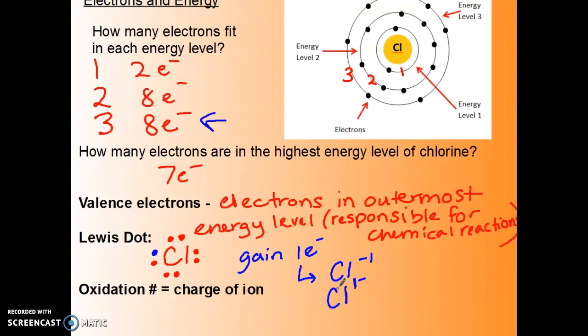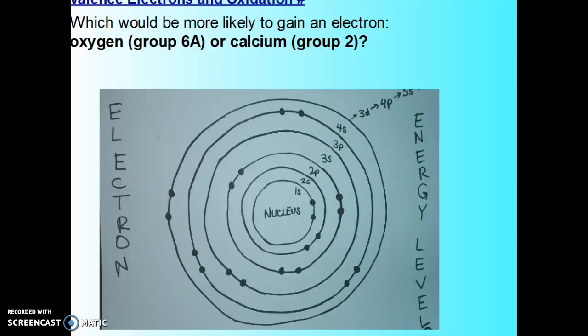Okay. So I want us to think about which is more likely to gain an electron, oxygen or calcium. So let's use this Bohr model, because this week you guys are going to be building Bohr models again to try to figure out the oxidation numbers of elements. So let's start with oxygen.